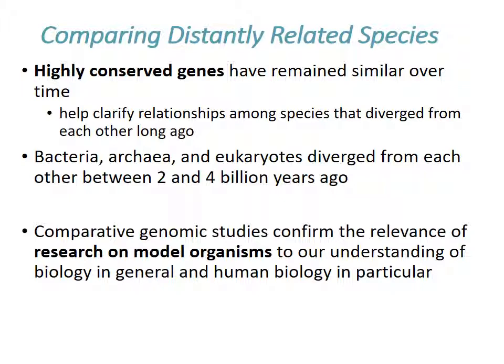But we can also look at genomic studies to confirm the relevance of research on model organisms. What I mean by that is if we are studying a medicine that we want to produce for humans, let's say to treat a heart condition, we could use a model organism like a mouse or a non-human primate, depending on what we're doing, and depending on our IRB review board's approval.